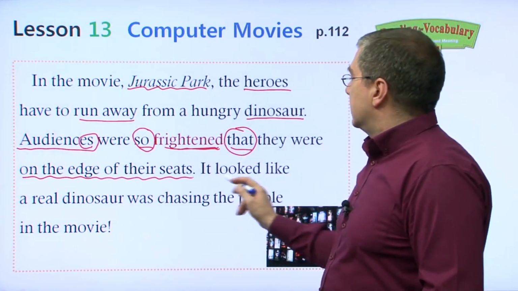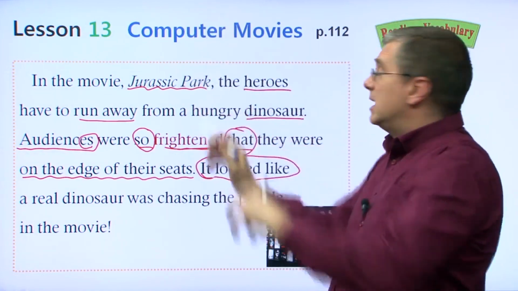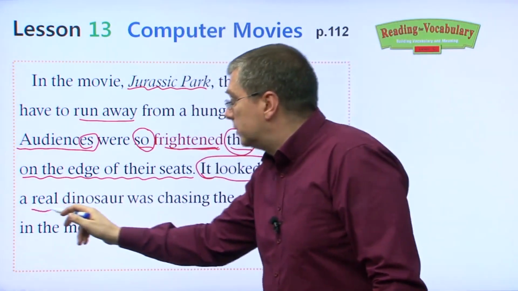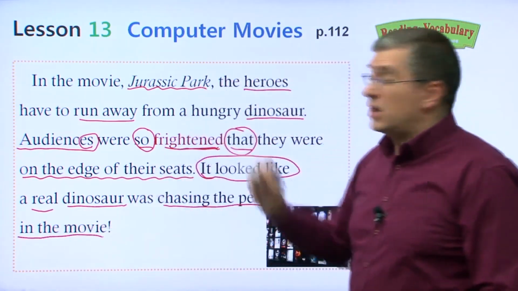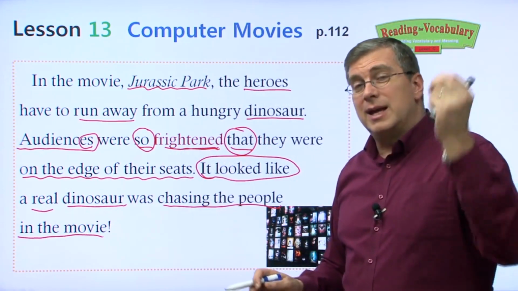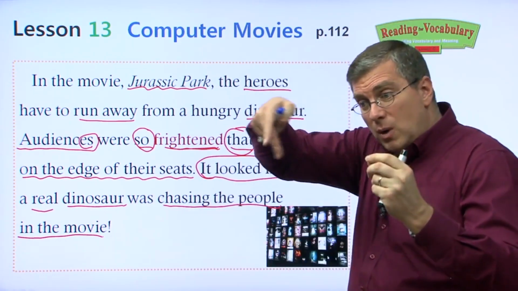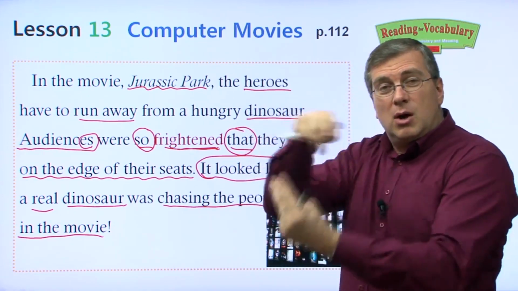It looked like, that means on the screen, in the movie, it looked like a real dinosaur was chasing the people in the movie. If you saw the movie Jurassic Park, it was really amazing. It really looked like they were real dinosaurs and people were running and the dinosaurs would run around them, in front of them, behind them, all around them.